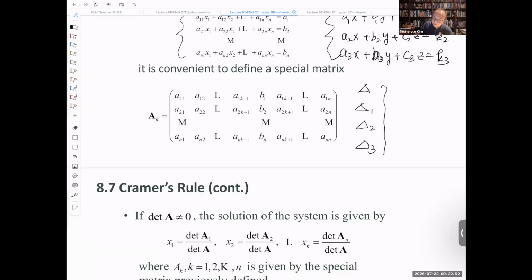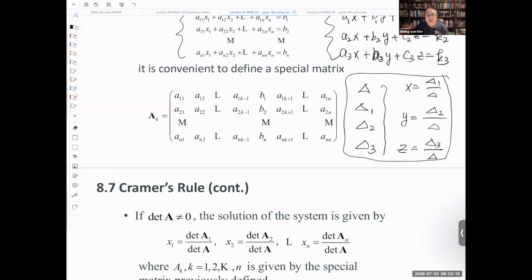Once you get those, x equals delta 1 over delta, the second variable y equals delta 2 over delta, and the third variable z equals delta 3 over delta. So this is Cramer's rule. Again, this is an extension of finding the inverse matrix using the technique that we learned.